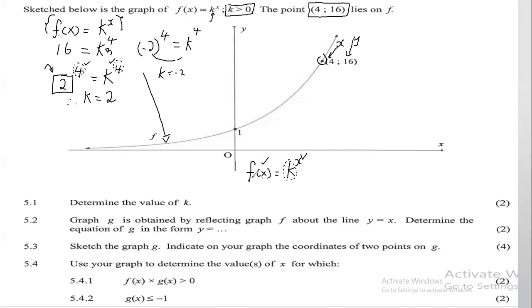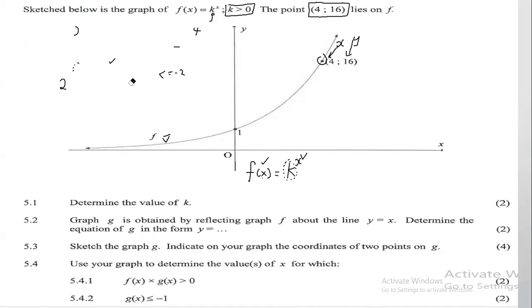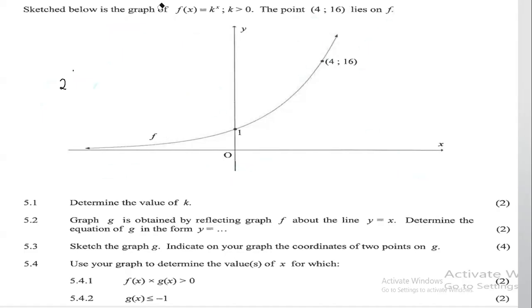Now, they are saying the graph of g is obtained by reflecting the graph of f. Let me explain. Look at the information: we are told a lot about the function f.